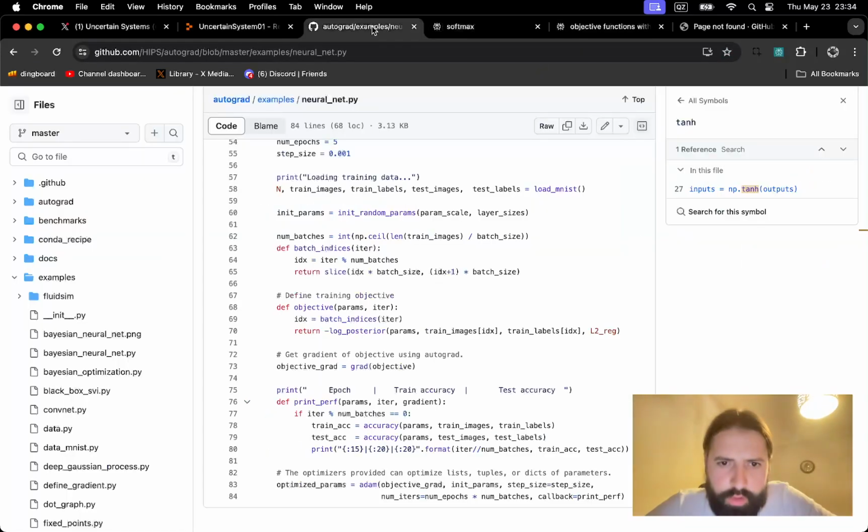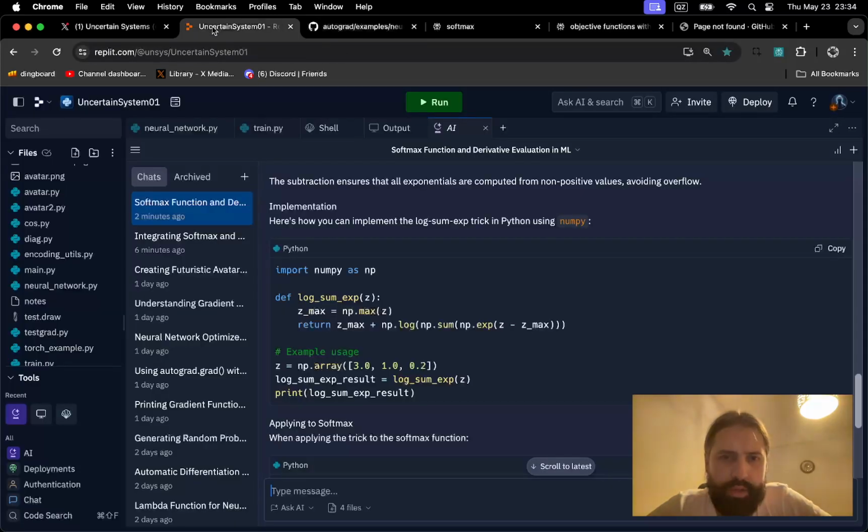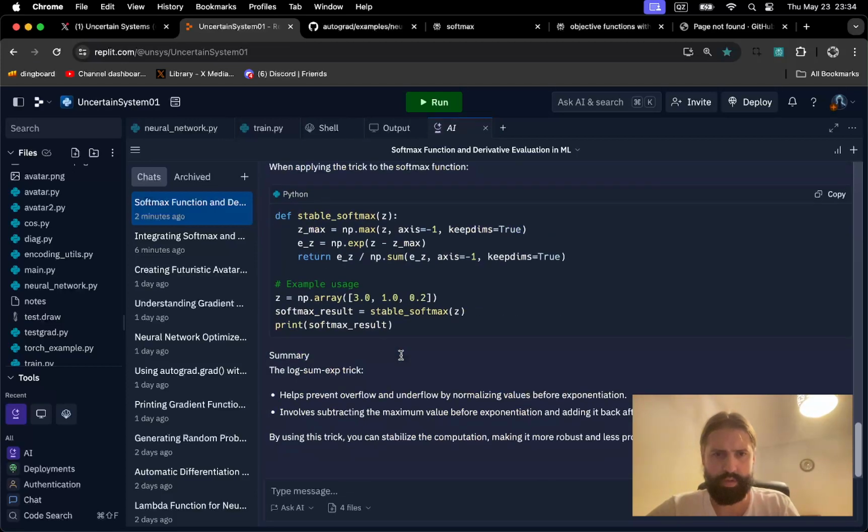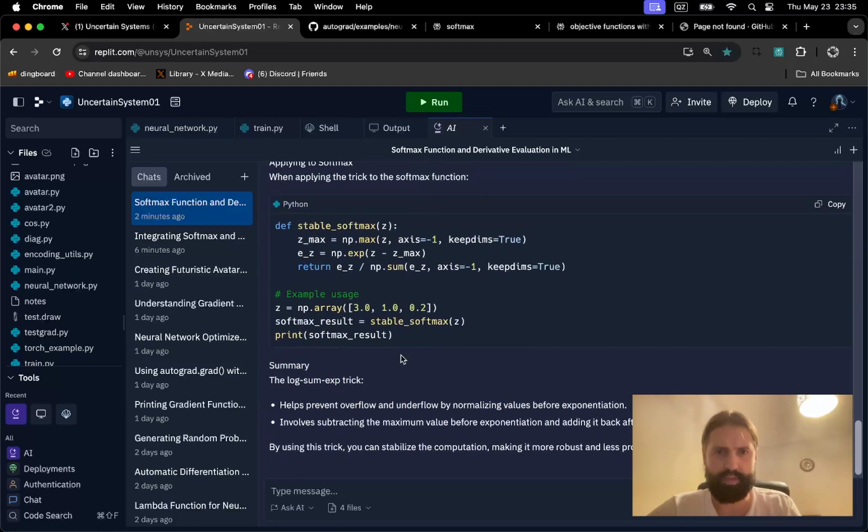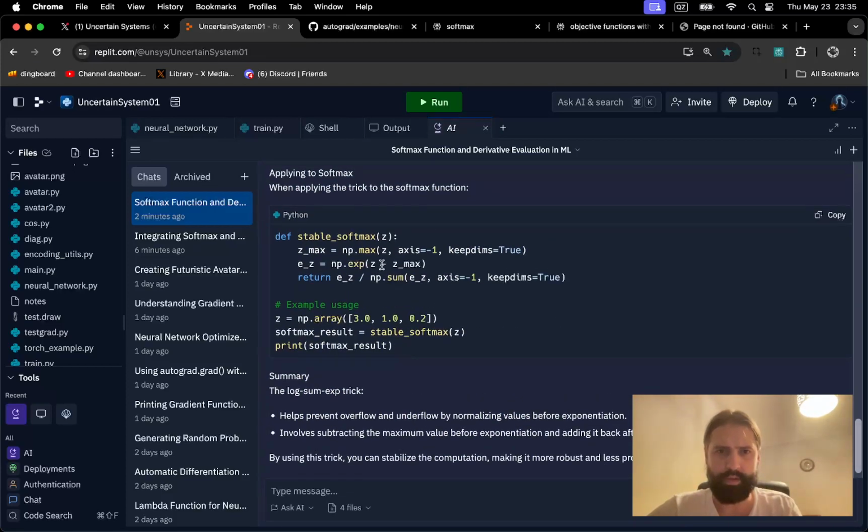It's just log sum exp. But is this something you use instead of stable softmax? Yeah.